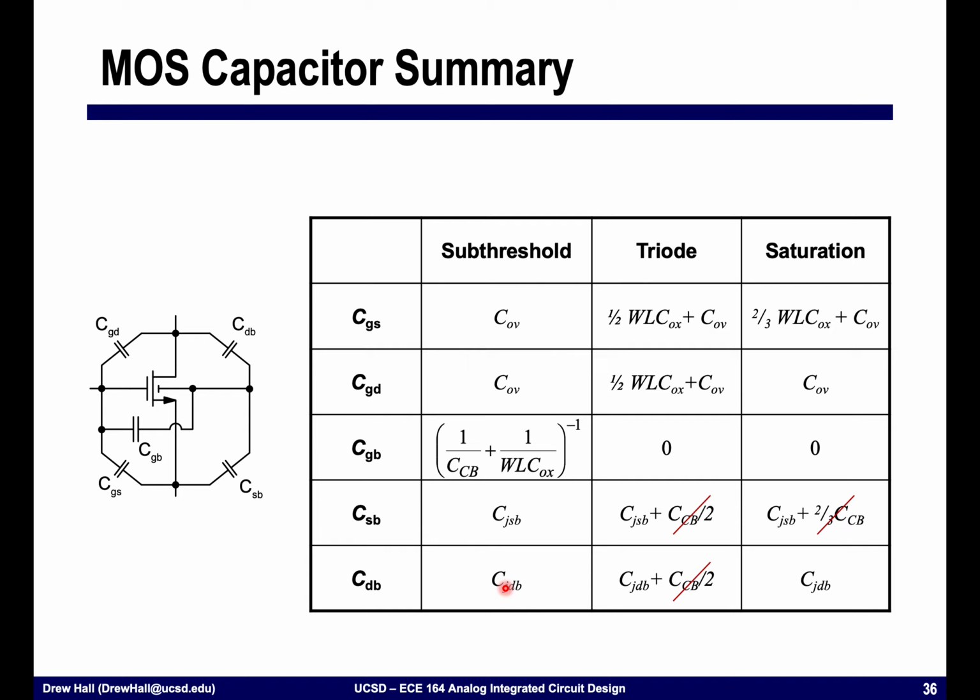In the exact same way that we had the capacitance divided equally for the gate capacitance, we also have the channel to body capacitance. However, relative to CJSB and CJDB, this capacitance is typically very small, and so we'll typically neglect it. Same is true in saturation for exactly the same reason, that we end up with 2/3 due to the channel geometry, just like we had for CGS.